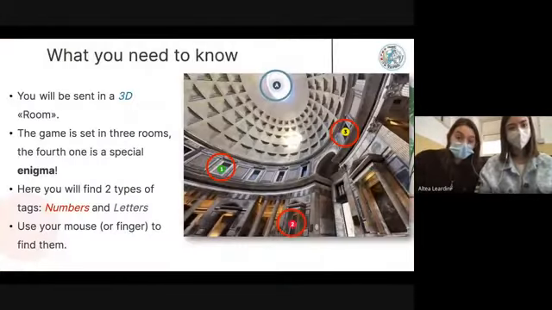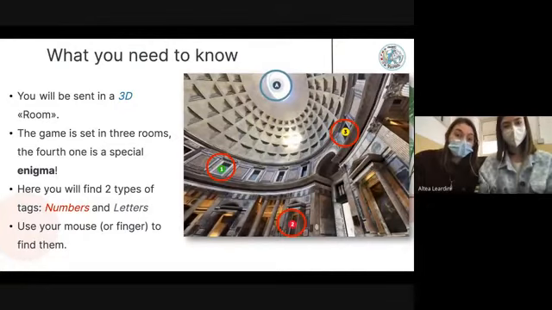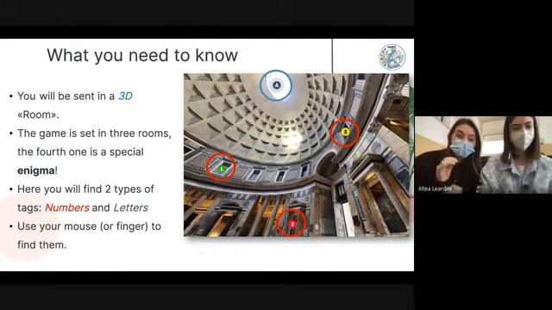Here is what you need to know. You will be sent to a 3D room. The game is set in three rooms, and the fourth one is a special enigma. Here you will find two types of text, numbers and letters. Please use your mouse or finger to find them.